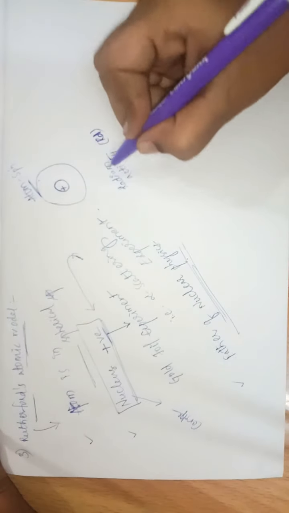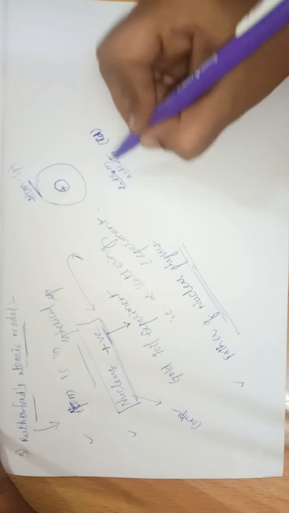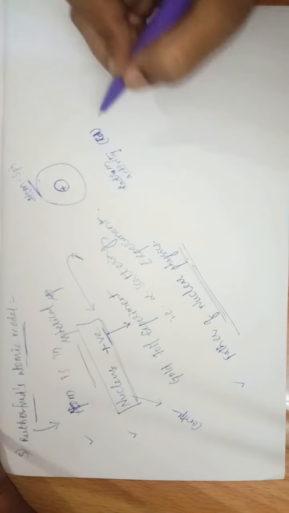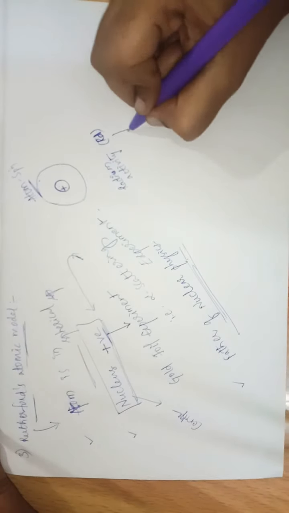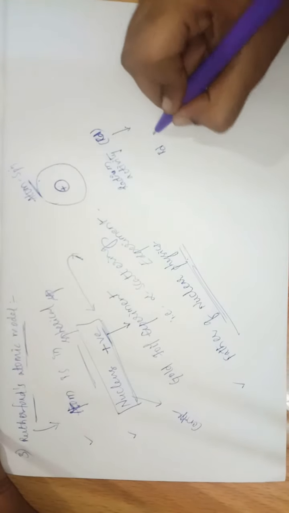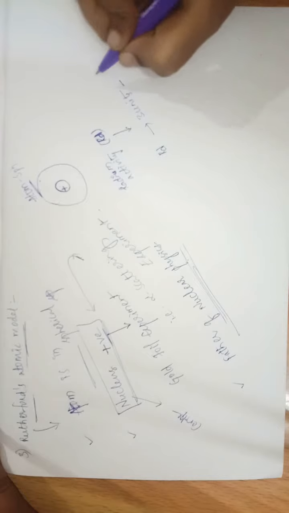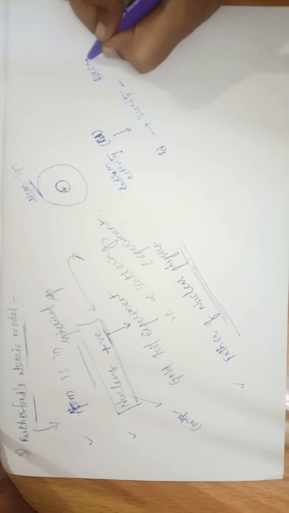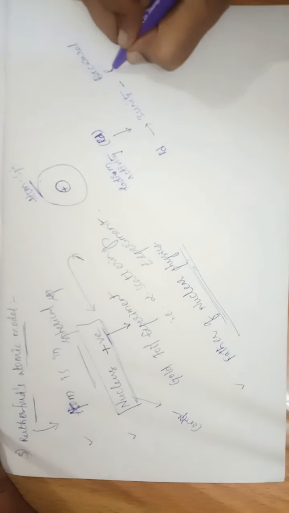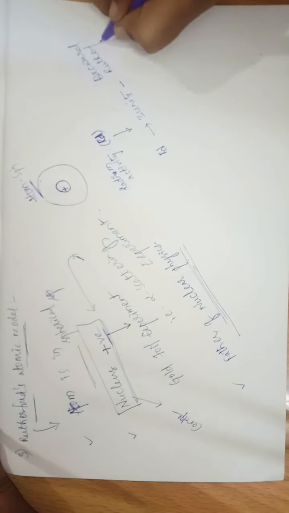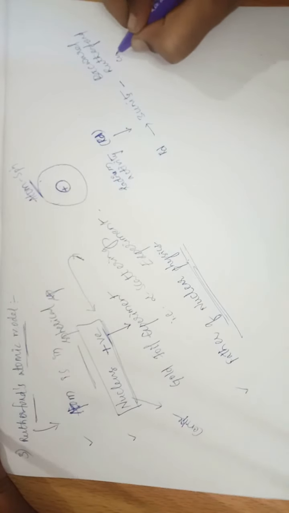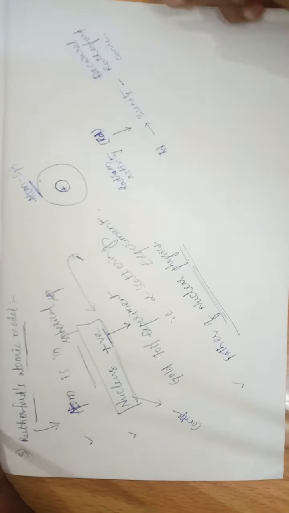Rutherford radium activity is expressed in RD, and RD has 3 units: Becquerel, Rutherford, and Curie.